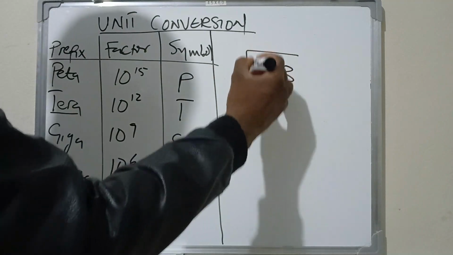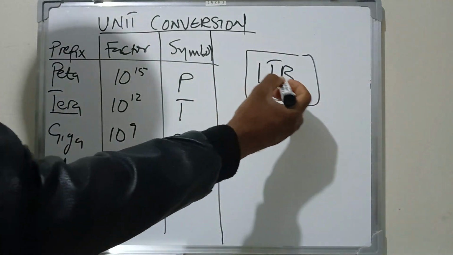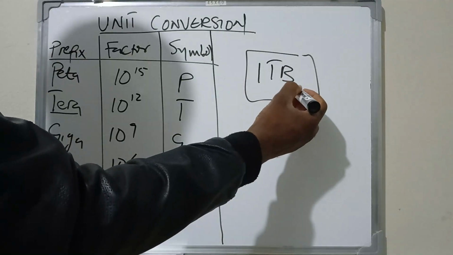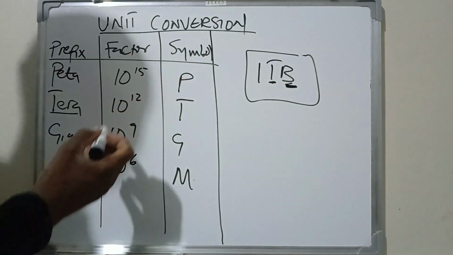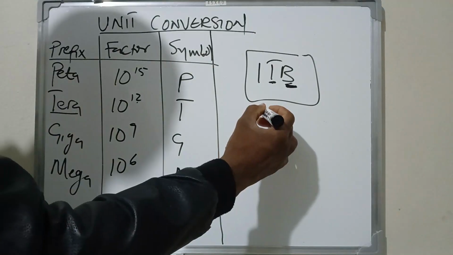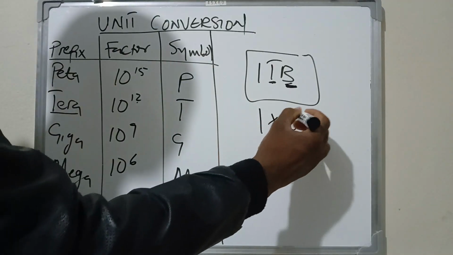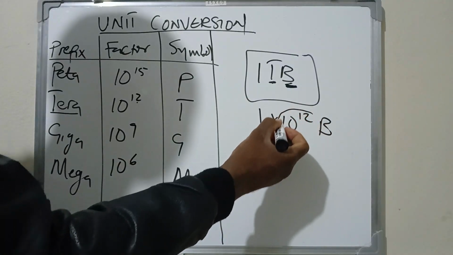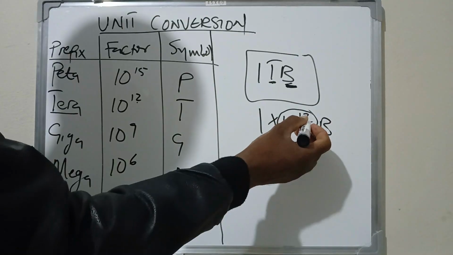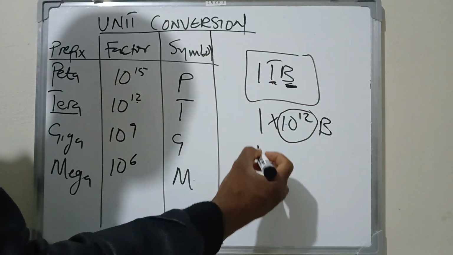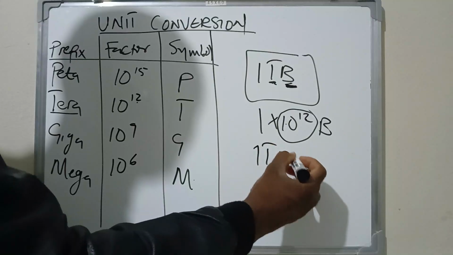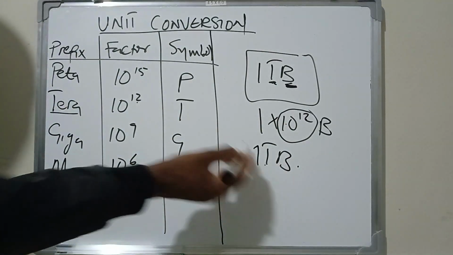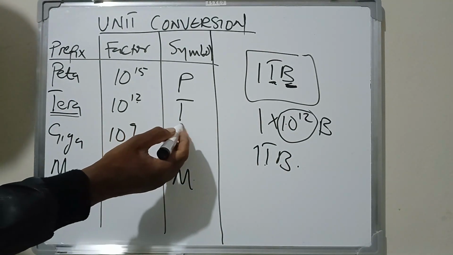What this means is that there are bytes which are times 10 to the power 12. So instead of writing 1 times 10 to the power 12 bytes, we know that 10 to the power 12 is a tera, so we just put 1 terabyte. That's how the prefixes come into play.